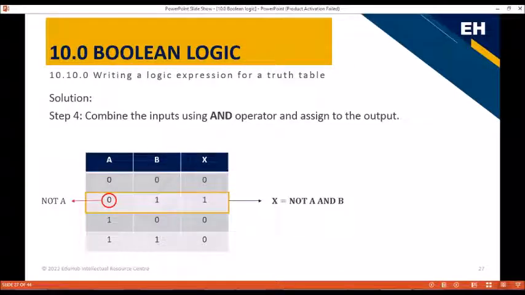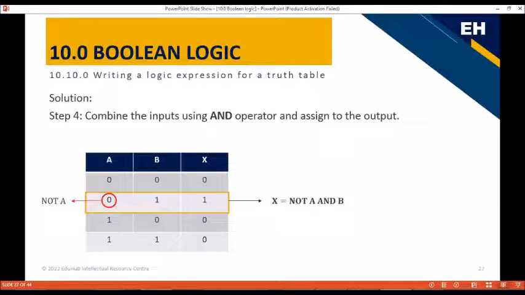Now, the fourth step is to combine the inputs using AND operator and assign to the output. Now look at this. Because we intended to combine this, that is A and B, using the AND gate, in order to produce the output of 1. Recall that 1 can only be produced using an AND gate when both inputs are 1.